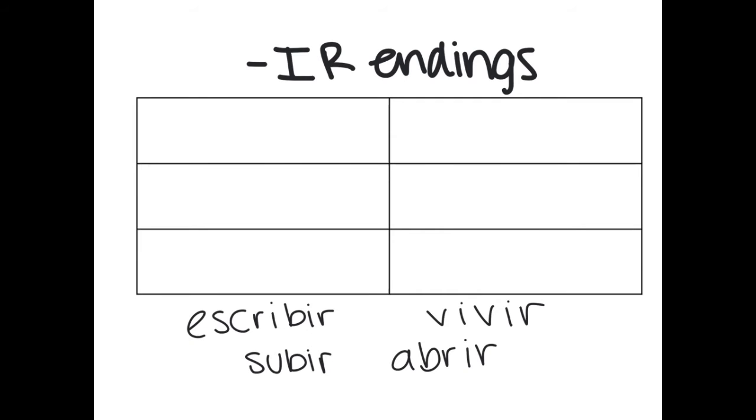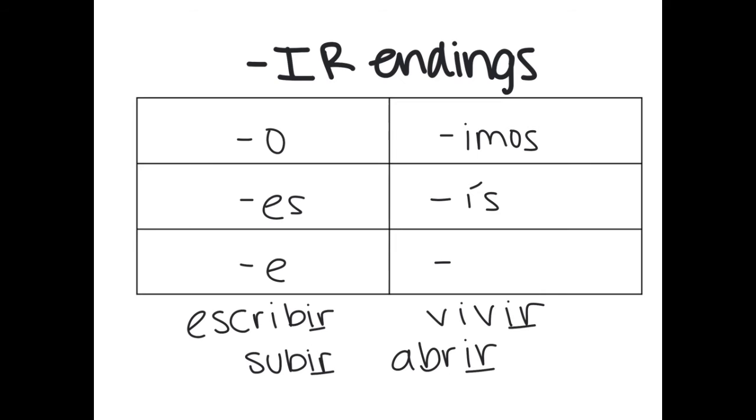So now I'm going to talk to you guys about IR endings. So these are verbs like escribir, subir, vivir, and abrir. These are verbs that have that IR ending. So, to conjugate these, we have the yo form is o, the tú form is es, and the él, ella, usted is e. The nosotros is imos. The vosotros is ís. And the ellos, ellas, ustedes is en.